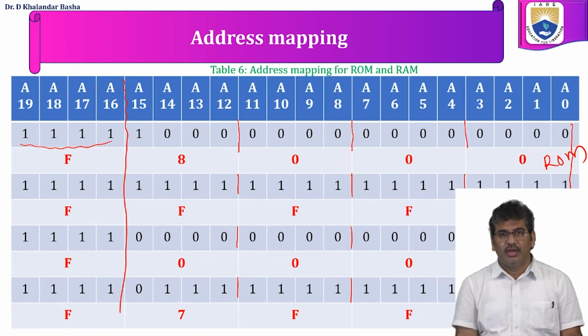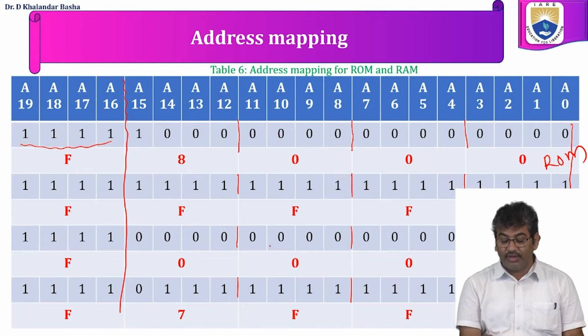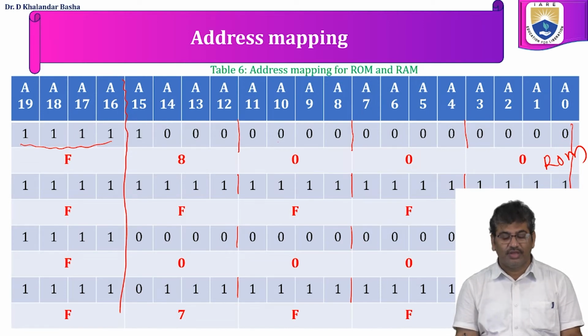FFFFFH. Coming to the RAM block, the upper 4 bits are 1111, which gives F, then 0000, 0000, 0000, 0000.